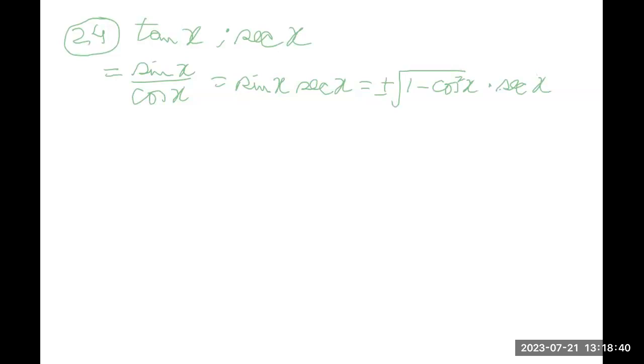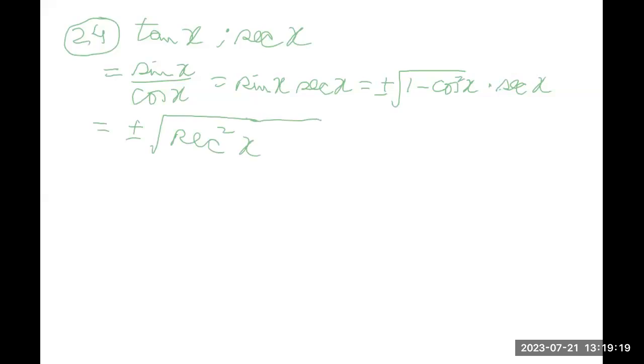So this is plus or minus square root of 1 minus cosine square x times the secant x. Now that secant x is outside the radical. We can bring it inside the radical by making it secant square. So this becomes plus or minus square root of 1 times secant square x, which is just secant square x, and then minus cosine square x times secant square x.